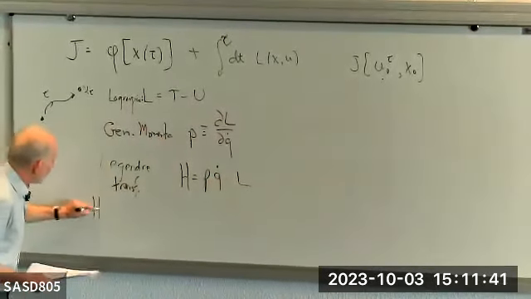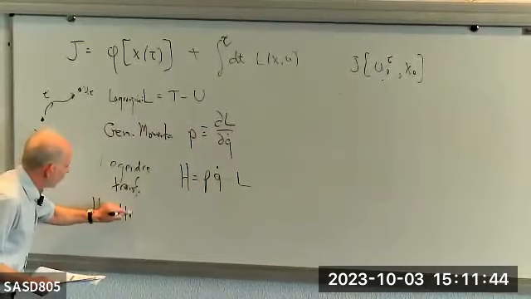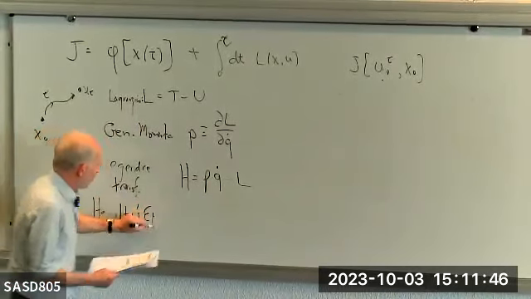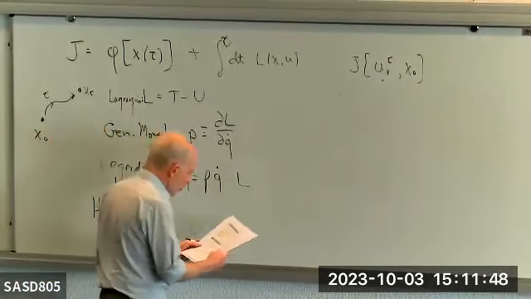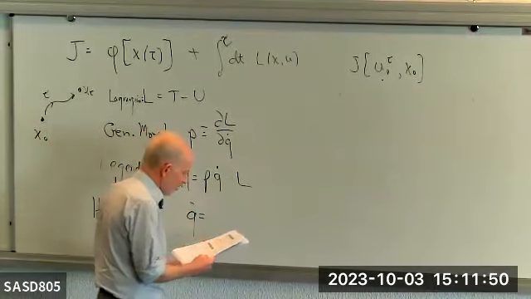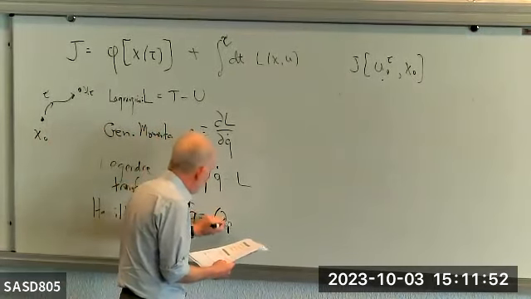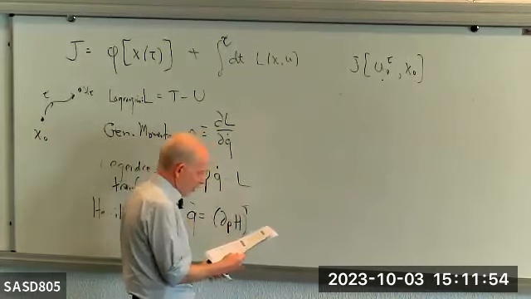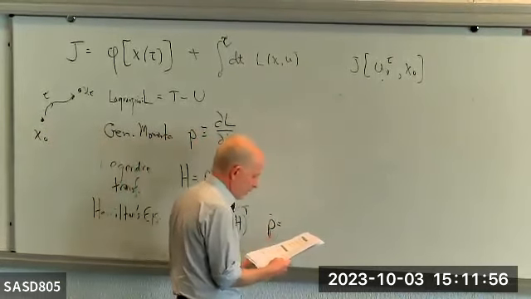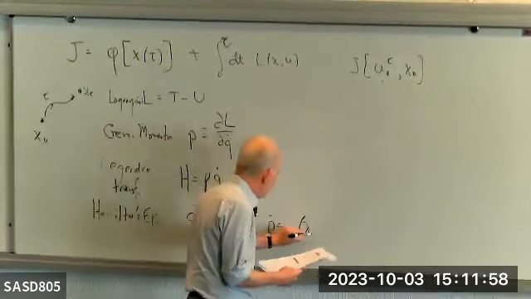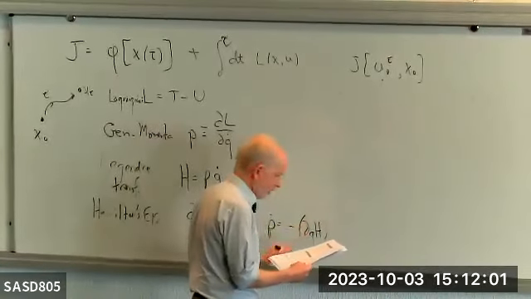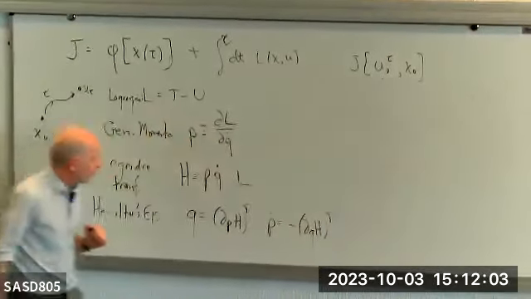And then we would get Hamilton's equations, which are q dot is dp H transpose, p dot is minus dq H transpose.